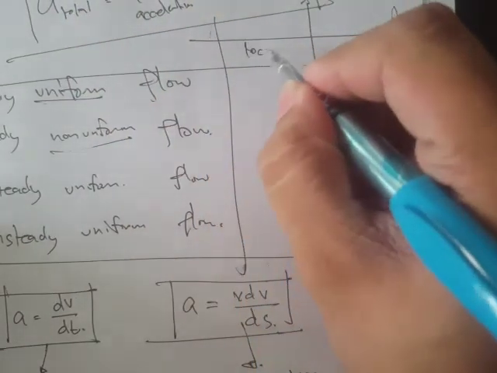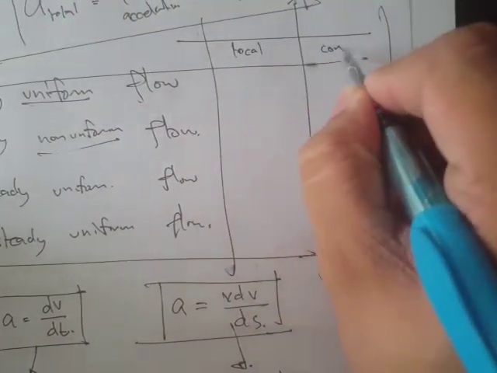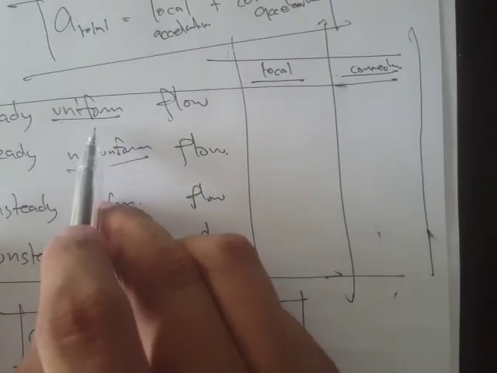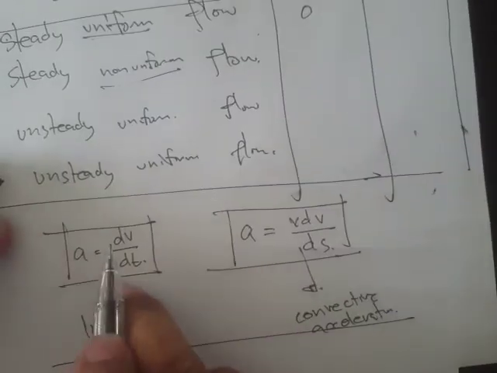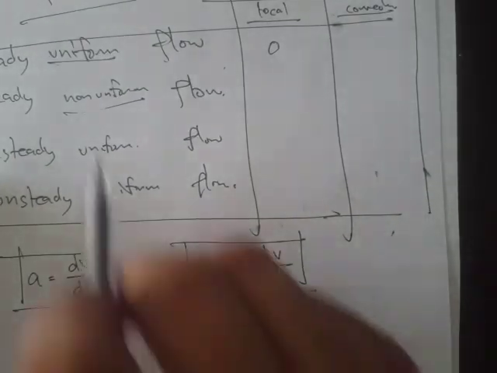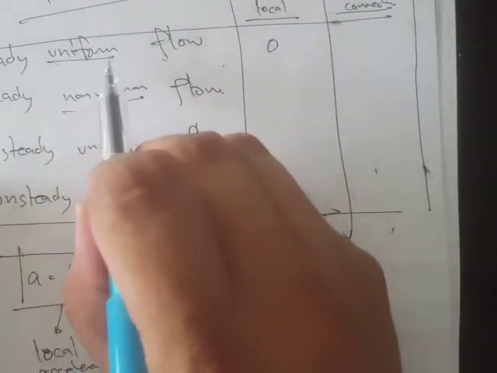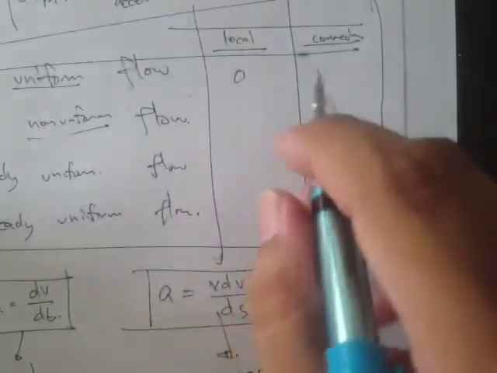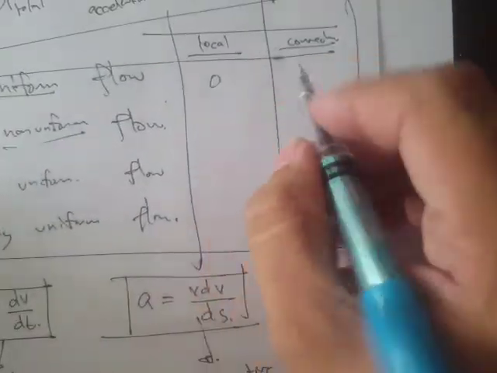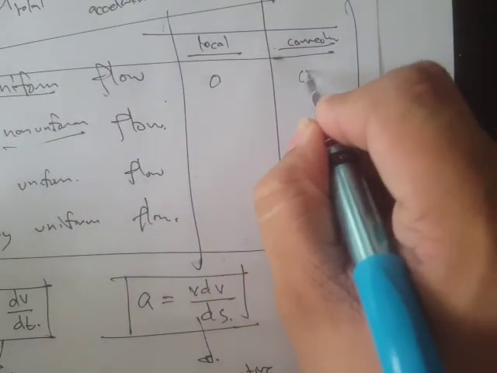If we try to separate these two, and our flow is steady, uniform flow, then the local acceleration with respect to time, dv dt, is 0, and since we have a uniform flow, meaning it doesn't change with space, the convective acceleration will also be 0.